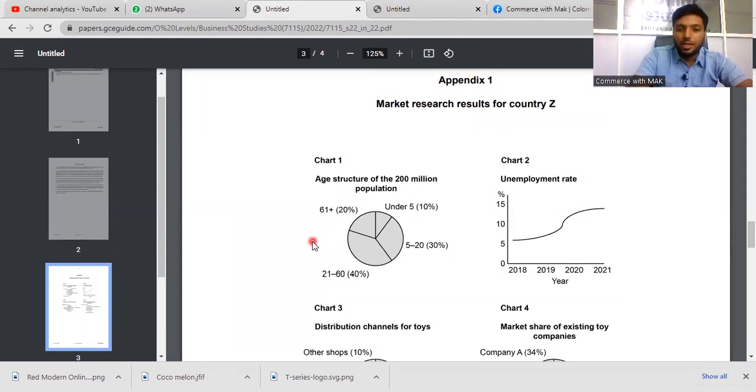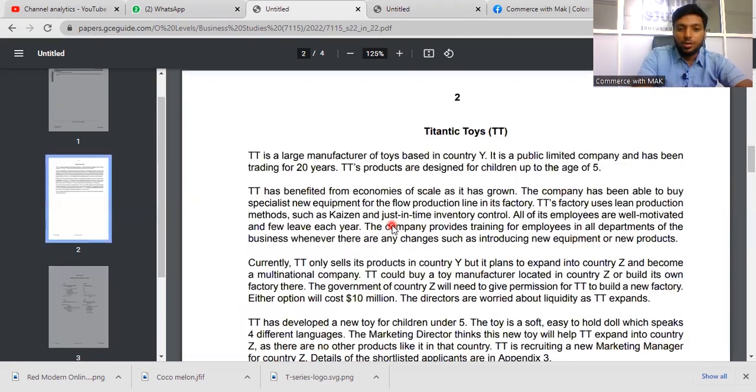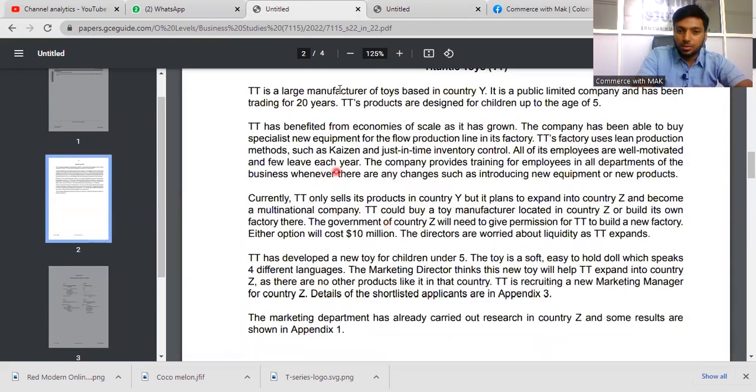In chart 1, you can see that the age structure of the population is explained. The elderly aged 61 and above are 20%, ages 21 to 60 are 40%, ages 5 to 20 are 30%, and under 5 is 10%. What we need to know is that the toy company is selling products to children less than 5 years old. So we need to consider how much of the population is made up of children under the age of 5.